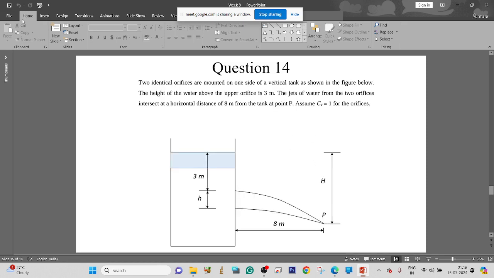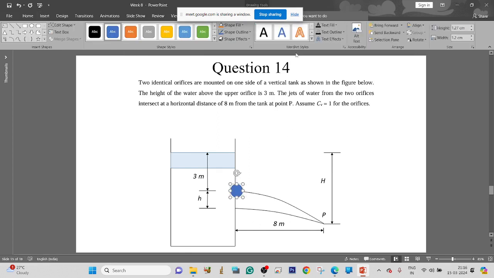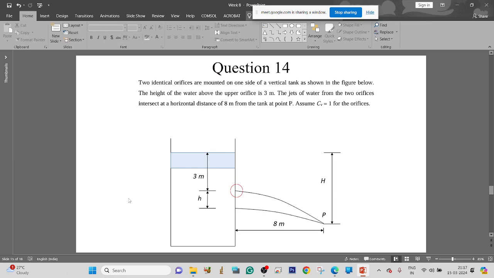Like if I go to this question, this is the upper orifice, right? So let U1 be the velocity of the discharge from the upper orifice to the point P, to this point.